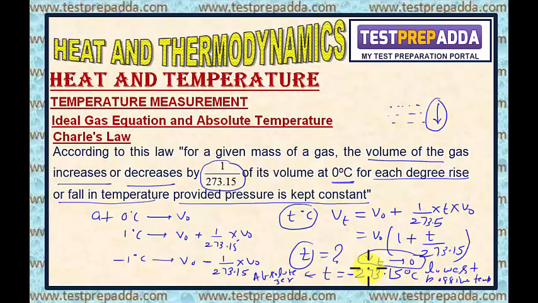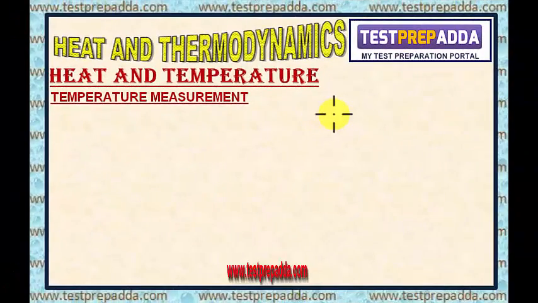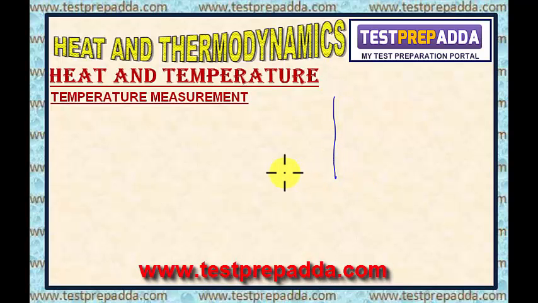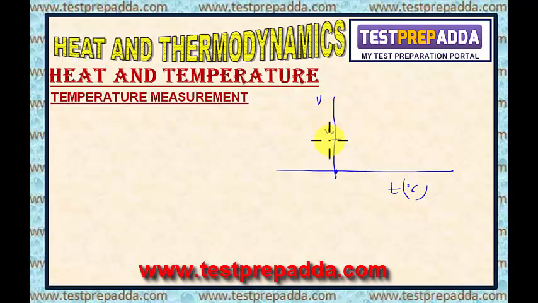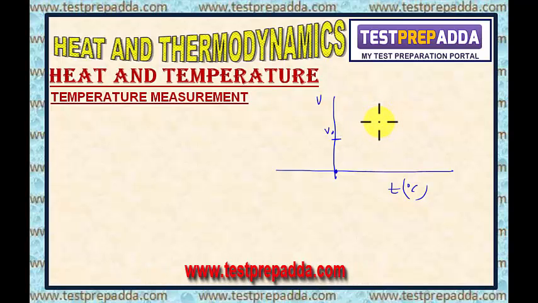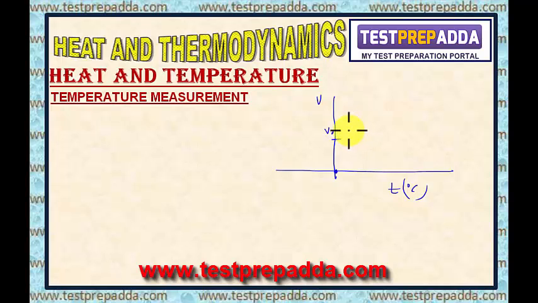For that, let me draw a graph between volume and temperature in degrees Celsius. At 0 degrees Celsius, we have said that the volume is V naught. And as temperature decreases, if we measure volumes of the gas at a few temperatures, it comes as a straight line like this.